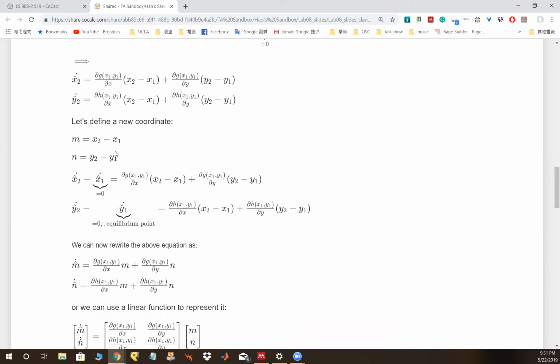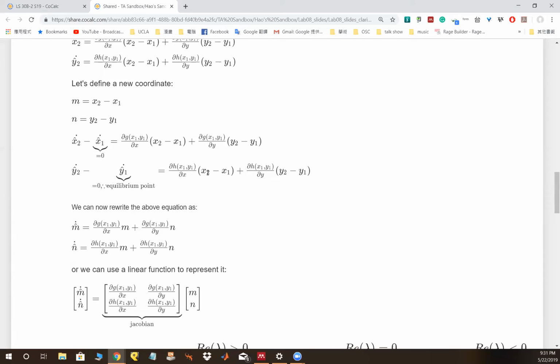So if you can accept this replacement, then you can see it's all just x2 hat dot subtract x1 hat dot, equal to some constant multiply x2 subtract x1 plus some constant multiply y2 subtract y1. And if you replace all these x2 subtract x1, y2 subtract y1 with m and n, the result is this.